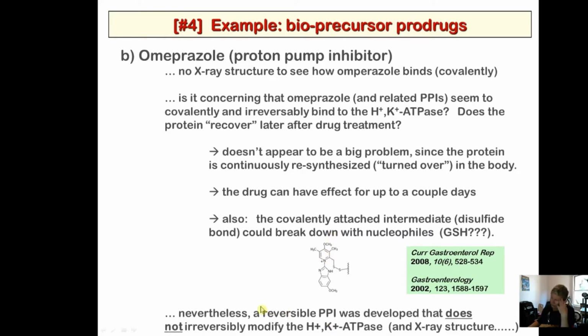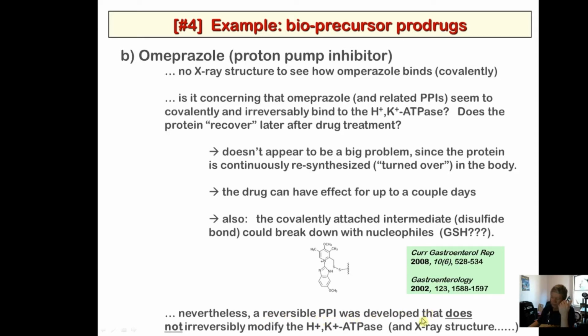Nevertheless, a company discovered a reversible PPI, one that does not bind to cysteines, and it has a lot of efficacy. It's maybe a little better for H. pylori infections. There are other reasons that this is useful as an alternate proton pump inhibitor drug.